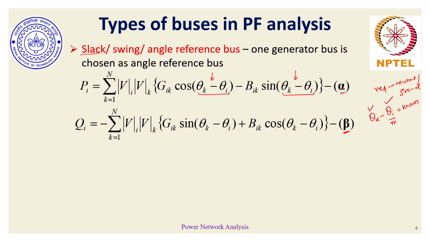To find these numbers uniquely, one has to choose one of these phase angles again as a reference. This reference need not be the same as the reference of the ground or neutral.